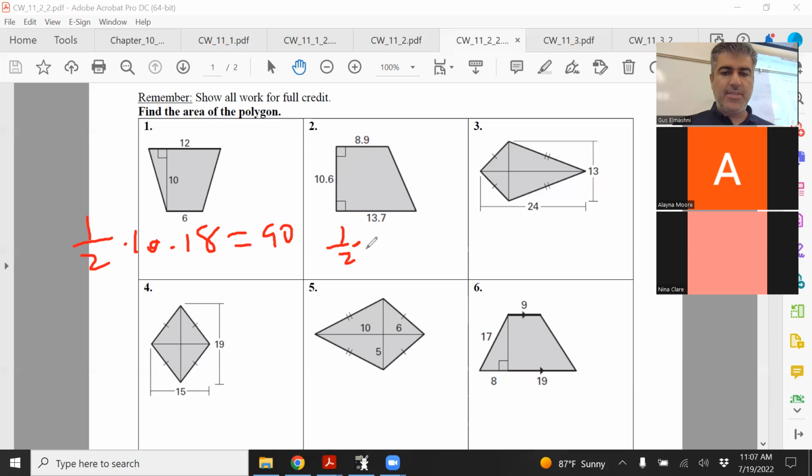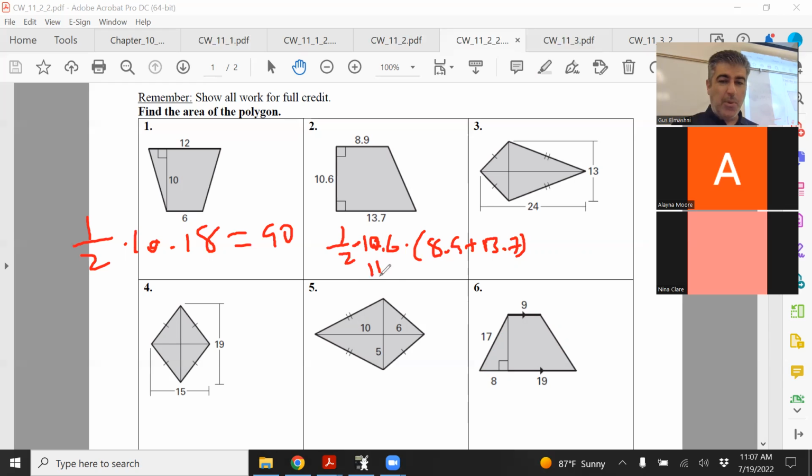times 10.6 times whatever that adds up to. I trust you can plug it into your calculator just fine. Actually, I'll just tell you what I got: 8.9 plus 13.7 times 10.6 times 0.5.